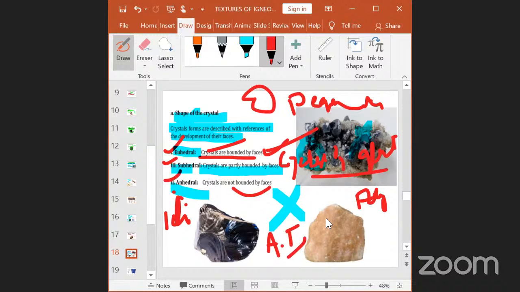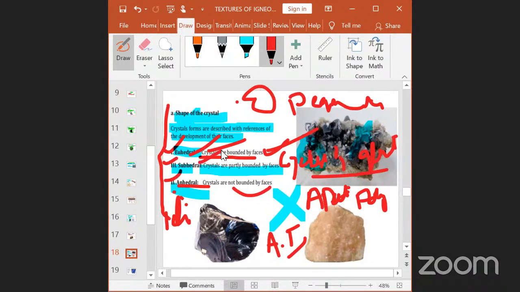For example, apatite. This anhedral texture is also called aplitic because it is best developed in aplites, the hypabyssal equivalent of granite. These are the shapes of the crystals: euhedral, subhedral, and anhedral.